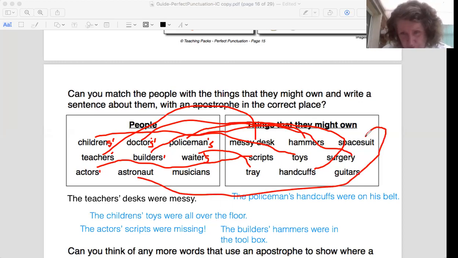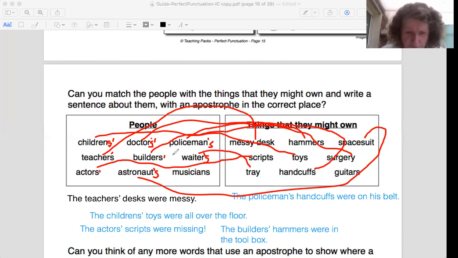This is very messy, isn't it? The astronaut, I'm talking about one astronaut, okay. The astronaut's spacesuit was very heavy. So that's a good sentence. You'd put the apostrophe there and the S there. We're talking about one astronaut.